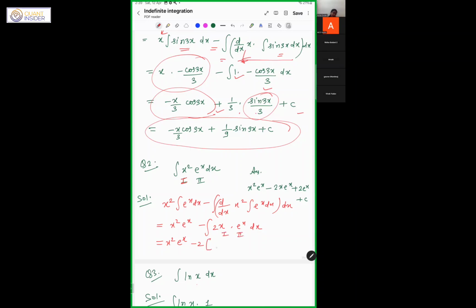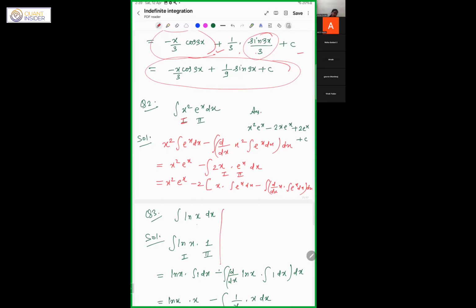So you have first function as it is, integration of second function, minus inside the integration, differentiation of first, then integration of second, then integration of the whole. So you have x square e to the power x minus 2x e to the power x minus differentiation of x, which is 1, into e to the power x.